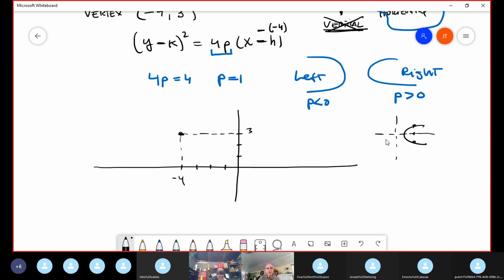Okay, now p is 1. Therefore, the foci is located 1. p equal 1 is the distance. Entonces, that point would be -4, 3, no? And this point is -3, 3. Entonces, the focal diameter, remember, this distance is p. But let me make it more clear.